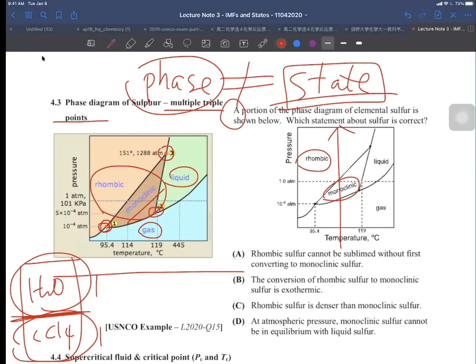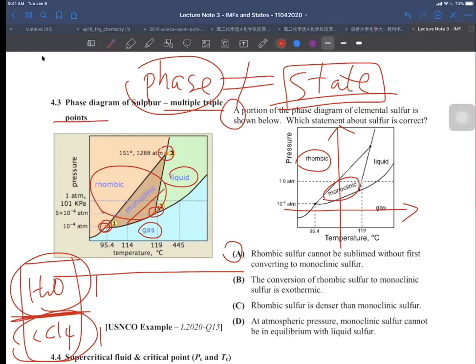Make sense? Let's have a look at A. The rhombic sulfur cannot be sublimed without first converting to monoclinic. Actually, it can. If you draw a line here, it can go directly into the gas. So if we say the rhombic sulfur cannot be sublimed without first converting to monoclinic sulfur at 1 atm, this might be correct.